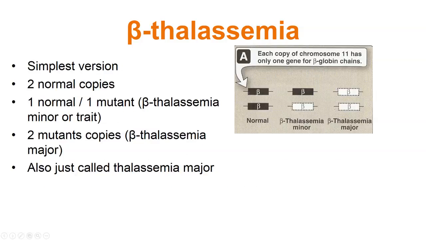With beta thalassemia, we're going to start out with the simple model. We said it was an autosomal recessive disease. That means you can have 2 normal genes, 1 normal gene and 1 mutated gene, which should be an asymptomatic carrier, and then 2 mutated genes. One thing I want to point out, because I got this figure from your textbook, and I wish they used different figures, is that the alpha globin figure is going to look very similar.